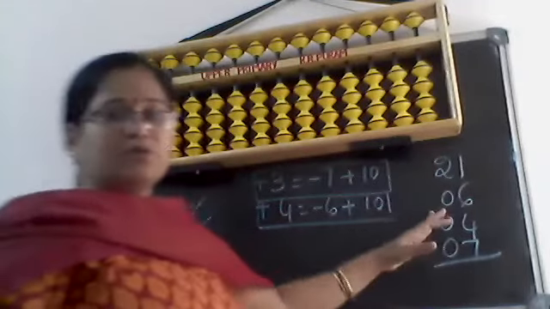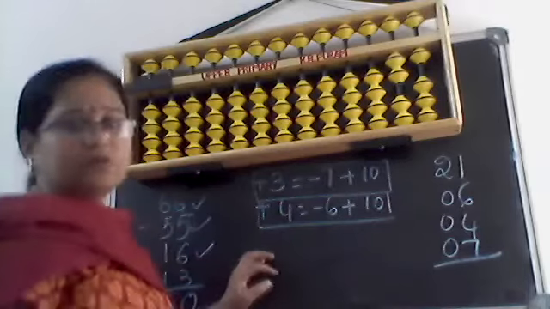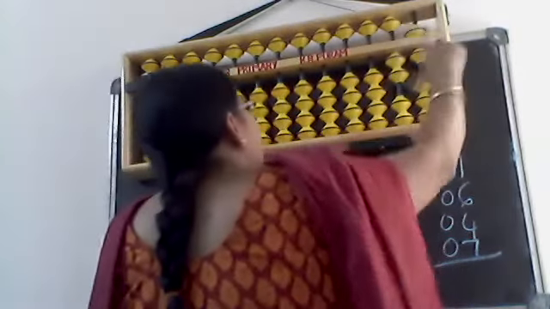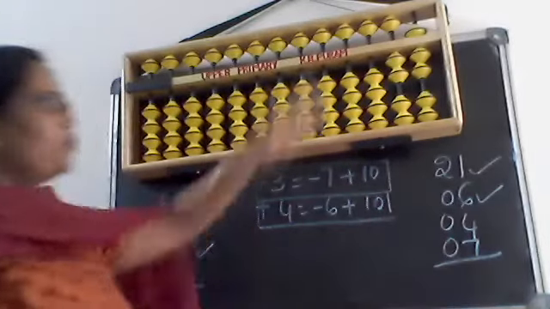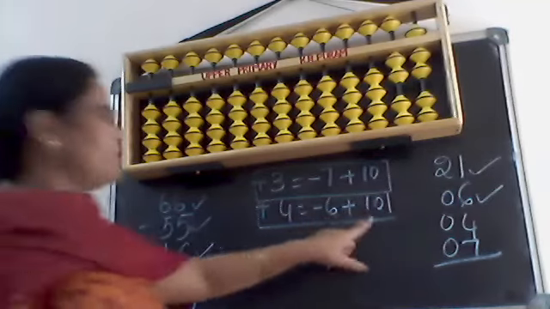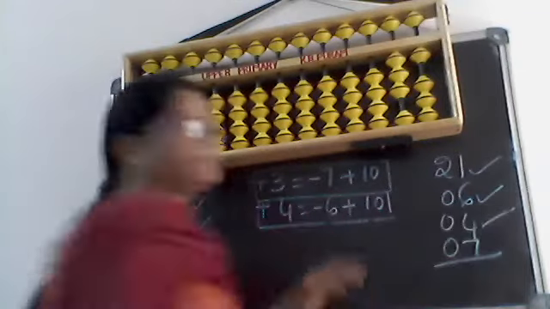Now let me go to this one: 21, 6, 4 and 7. 20 and 1. Okay, children? 21 is done. Now 6. How do we do 6? 5 and 6. This is done directly. Now how do we add 4? Technique: minus 6 plus 10. So 4 is added.